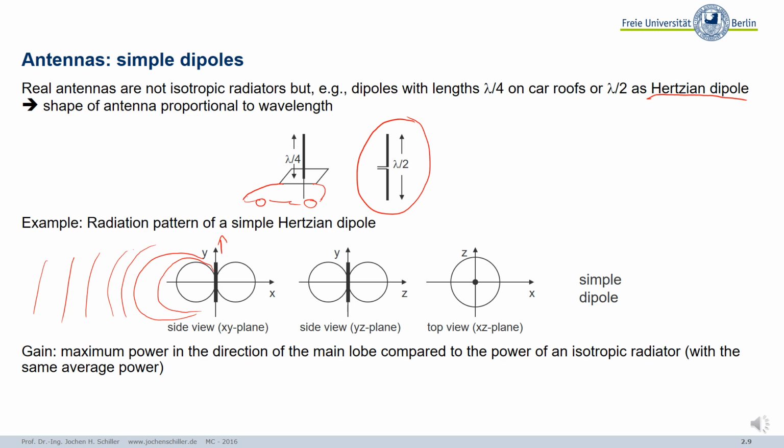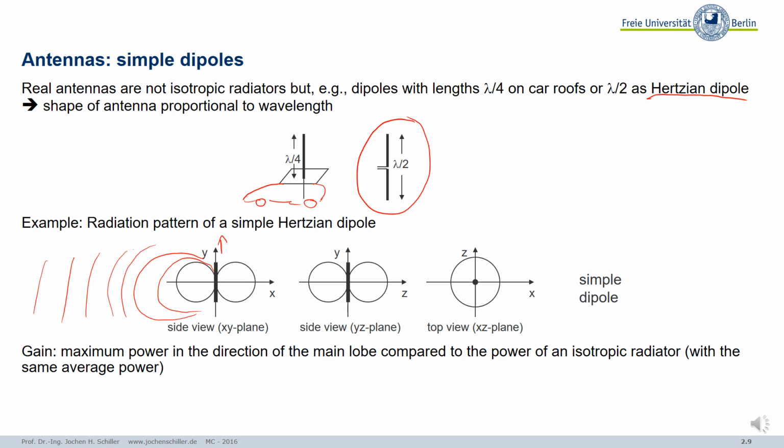So you put a certain amount of energy into your theoretical antenna, you put the same amount of energy into your real technical antenna, and then you measure, let's say 10 meters away, what is the energy you receive from your theoretical antenna, and what is the energy you receive from your real antenna.